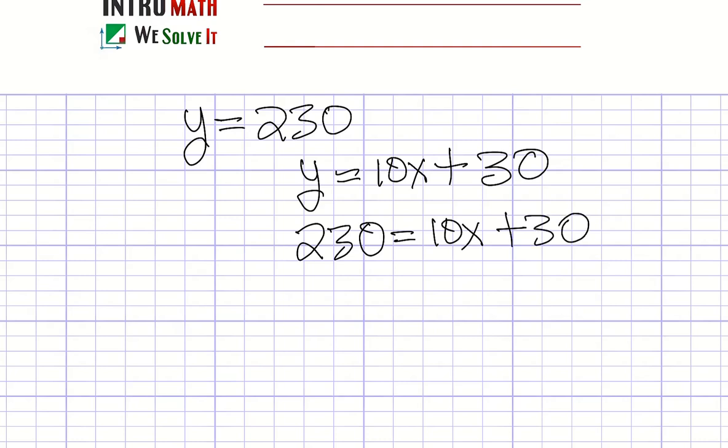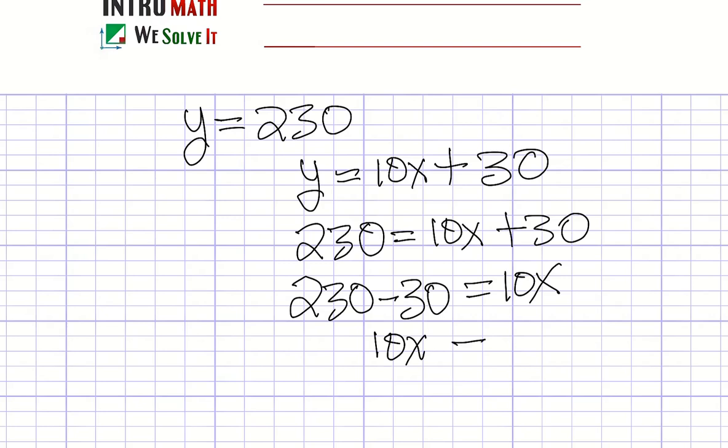Okay. So you rearrange stuff. Say 230 minus 30 is equal to 10x. You can move things around. You didn't hurt nothing. Move it like that. 230 minus 30. Okay. And then 10x is equal to, what is that?